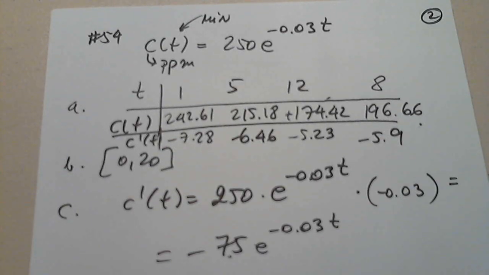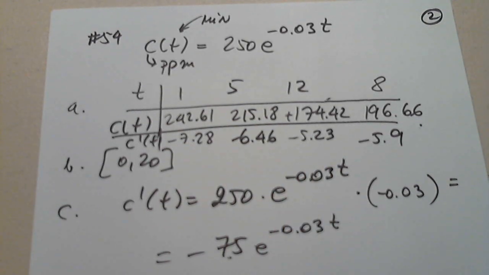So here's the graph between 0 and 20. And we see that 242 roughly at 1, and then it continues decreasing. And at 12, it reaches 174. Okay. So what was the issue on this problem, you think?